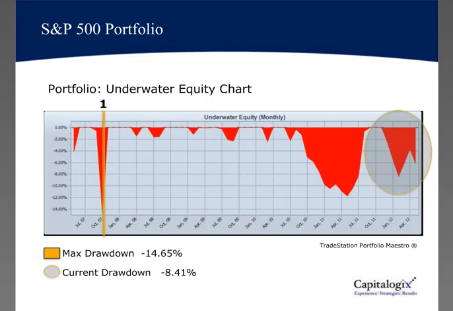And the degree that it falls and the longer you're in it, you're going to find that there's more pain and suffering. So for the underwater equity chart for the S&P 500, the maximum drawdown is 14.6. Actually, the maximum drawdown is 14.65, and I've highlighted it as number 1. You can see that we had some other drawdowns in 2011, and when I created this particular presentation, the current drawdown at that time was 8%, 8.5%.